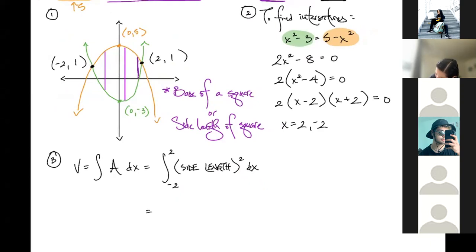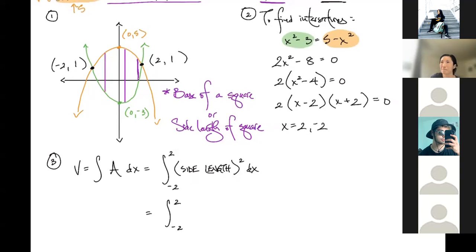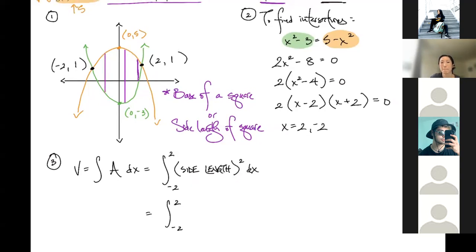So how do I find the side length if this is a side length? How do we take what we learned on Monday to find out how long this purple line is, and how long this purple line is, and how long this purple line is?